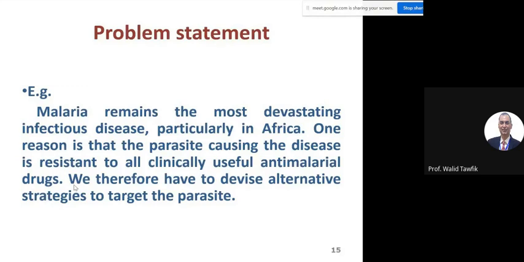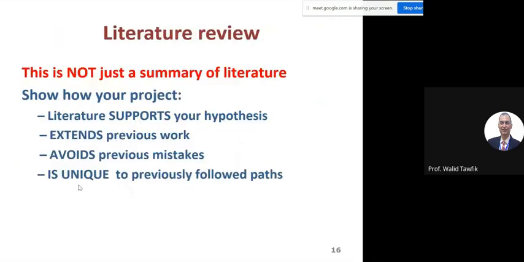We therefore have to devise alternative strategies to target parasites. So you identify your target, which is malaria, and the available techniques cannot recover malaria, and you will have to develop a new technique to treat these parasites.